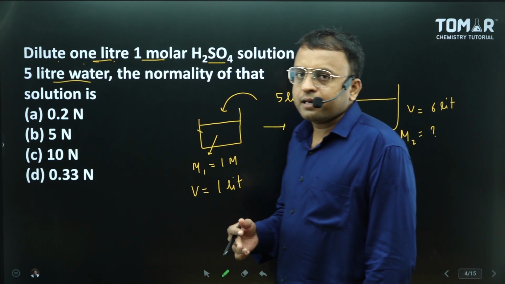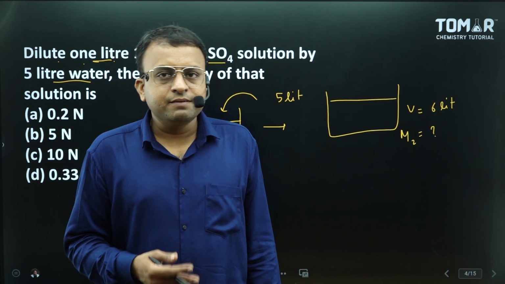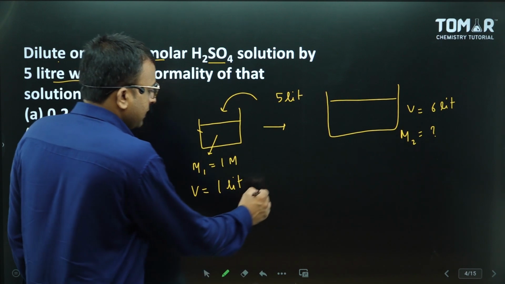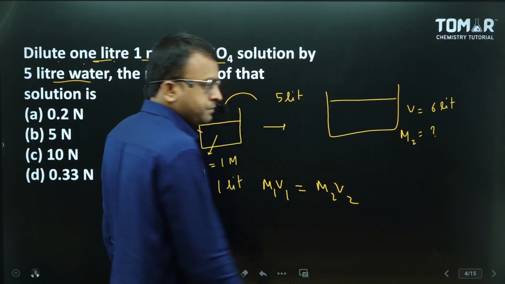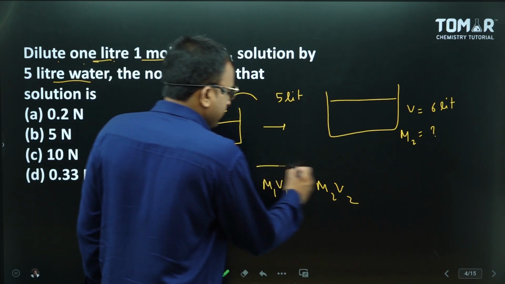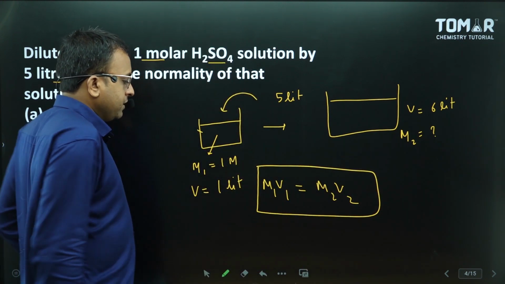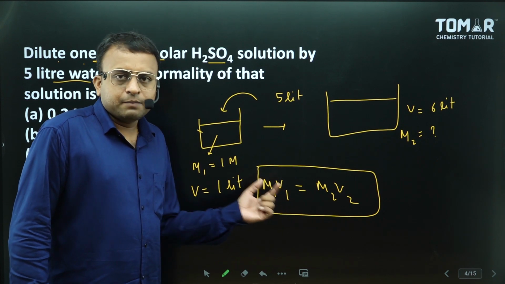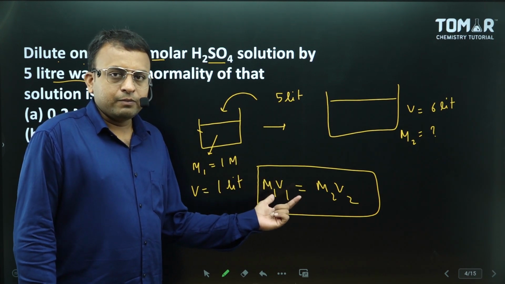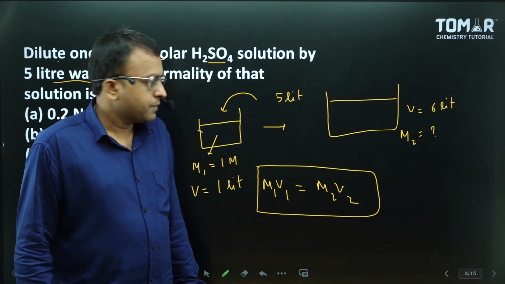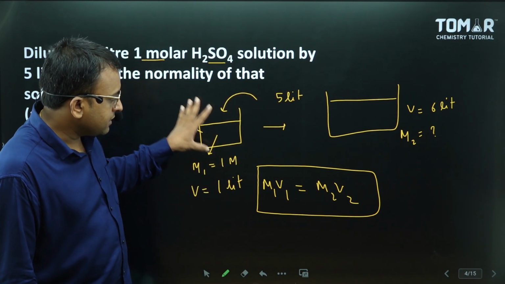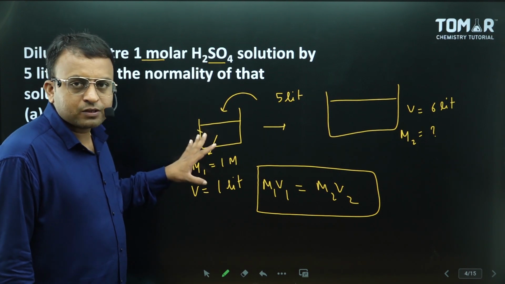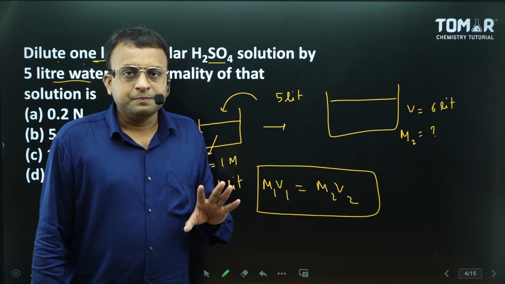While diluting an acid or base, we write the formula M1V1 is equal to M2V2. M1V1, the product of molarity and volume in liter, is moles. We are adding water here, so the moles of this H2SO4 will not change.